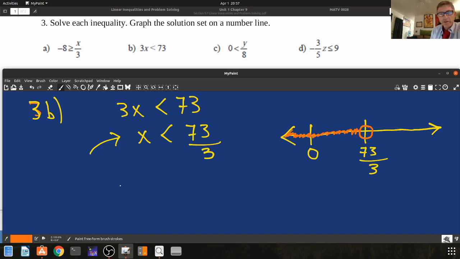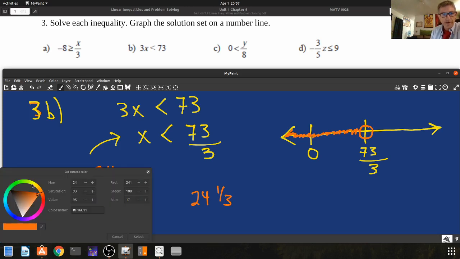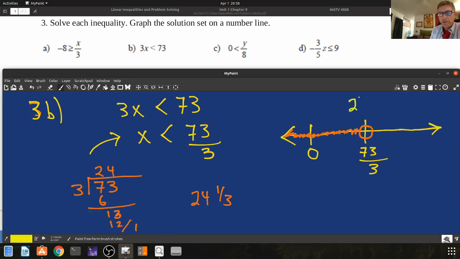Or if you want, you can go ahead and divide 73 by 3. So it's 24 1/3. And you could come over here and write instead 24 1/3.